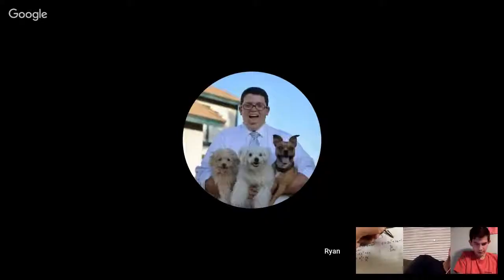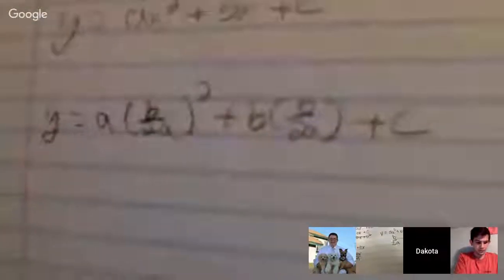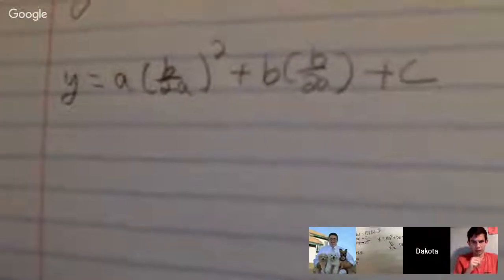And then to find the y-intercept, it's the function of b over 2a, f of b over 2a. And then that gives you the y-intercept. So this would be the equation right there if you plug in the b over 2a.